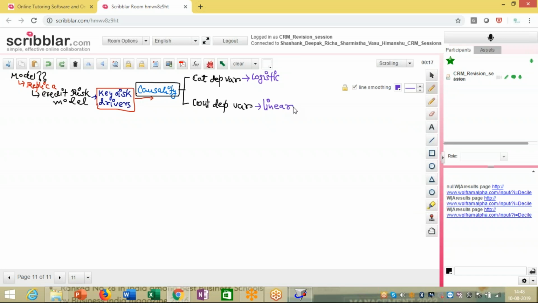So basically, whenever you have a categorical dependent variable, what you can use is the logistic regression. And whenever you are trying to predict a continuous dependent variable, what you use is the linear regression.